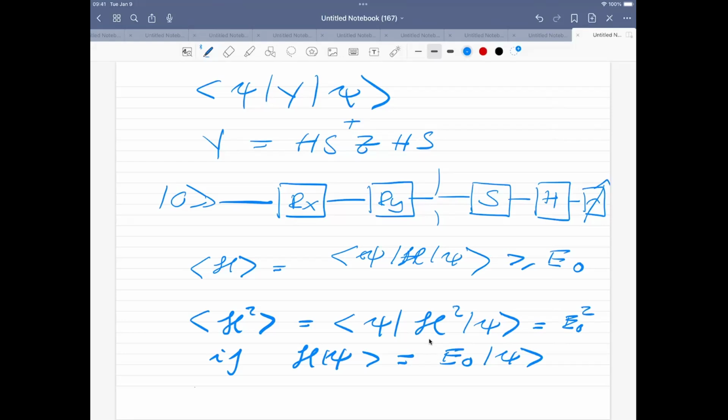Now, the variance of H is nothing but the expectation value of H squared minus the expectation value of H, squared. That's the mean value. That's the variance of the energy. And if we now have the exact solution, then this is identical to 0.